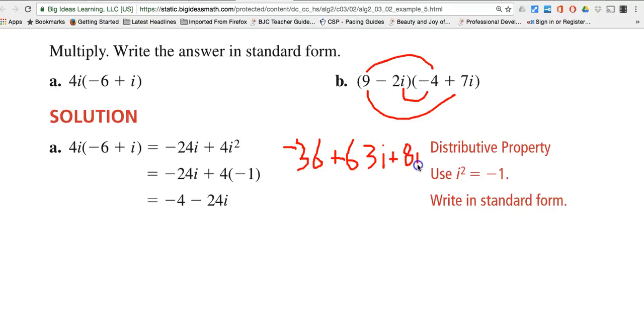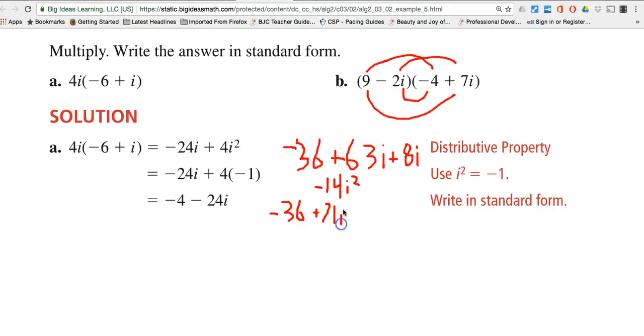And then we have one more term right here. We do our last. So we get -2i times positive 7i. We're going to get minus 14i squared. Now, once we start combining like terms, you're going to see that we get -36, and then plus 63i plus 8i gives us plus 71i.